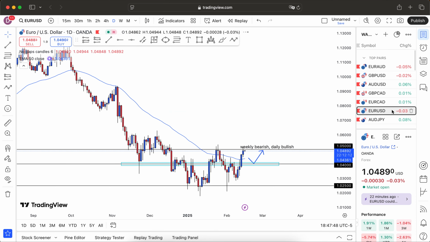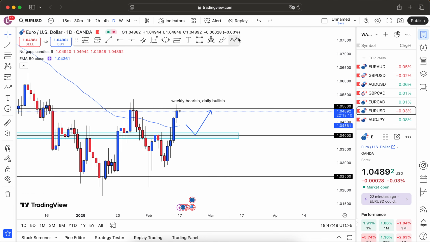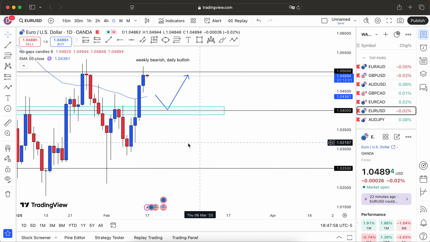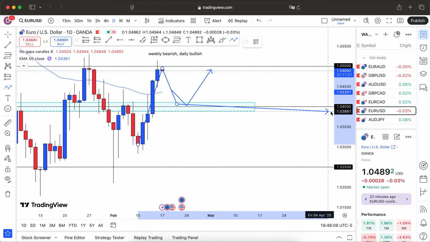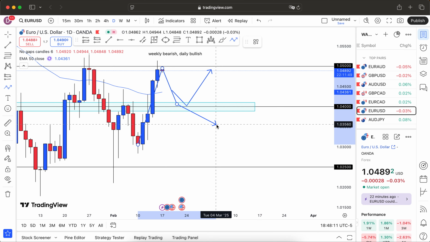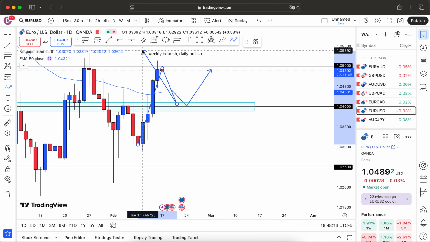Okay. Next one is Euro USD, pretty much similar to GBP USD. The reason why I have this so much below on the list here is because, according to my setup, I would really want the price to retrace all the way down to this area of interest, retest the round psychological 104,000, retest the previous daily structure point.